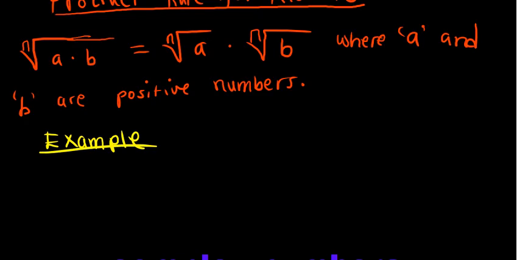Let's say we have square root of 3 multiplied by square root of 5.